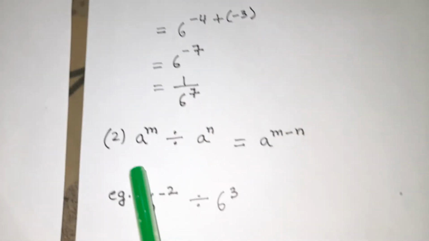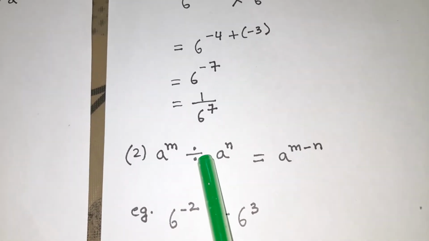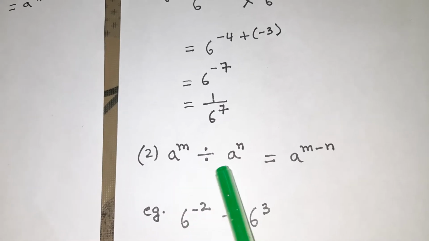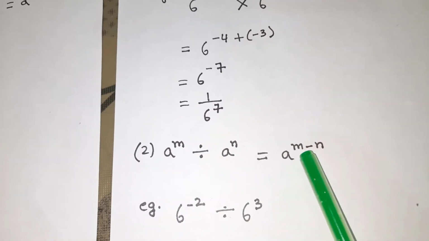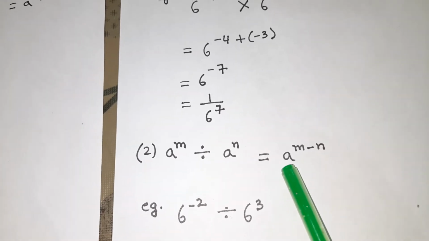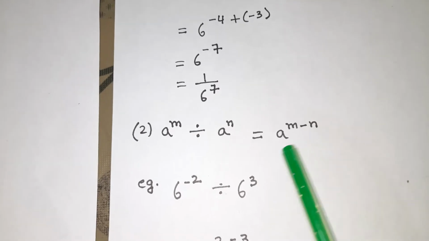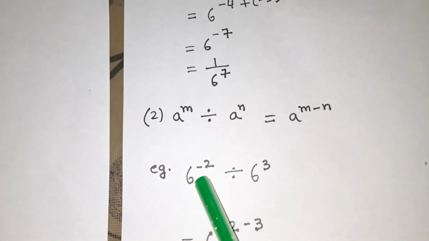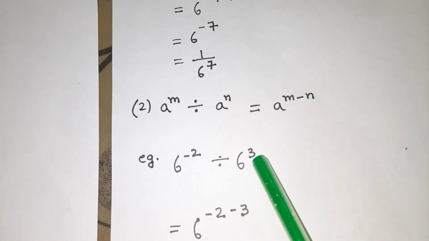Now the second law, a raised to the power m divided by a raised to the power n. Bases are the same, powers are different. So the powers will be subtracted here, and it will become a raised to the power m minus n. Let us see through an example. 6 raised to the power minus 2 divided by 6 raised to the power 3.